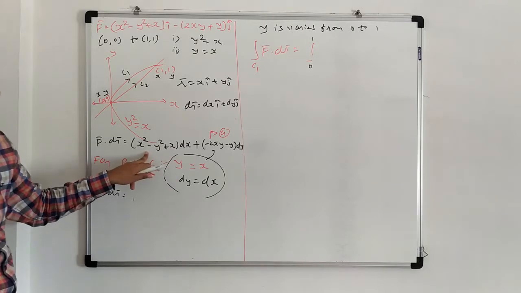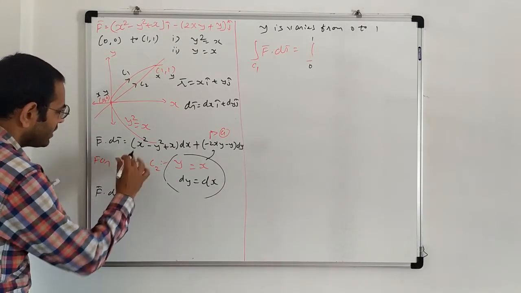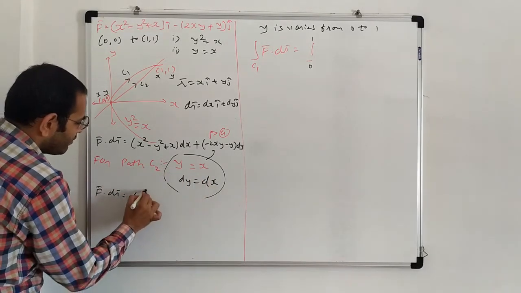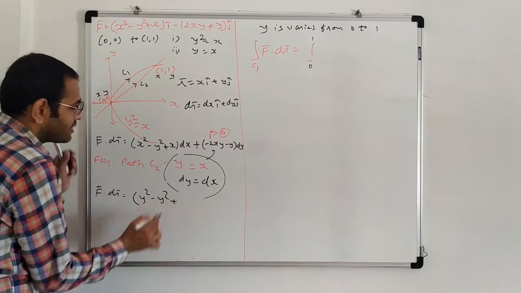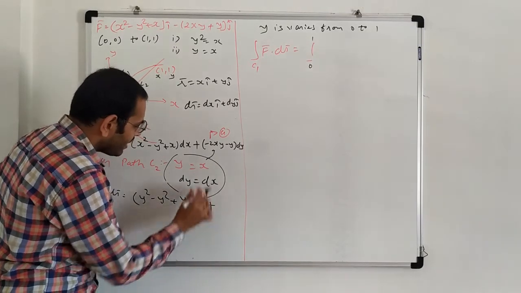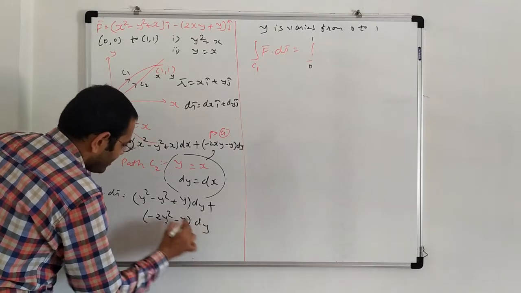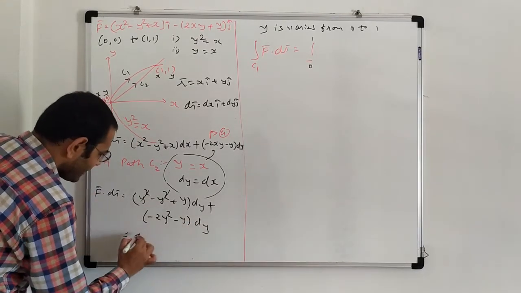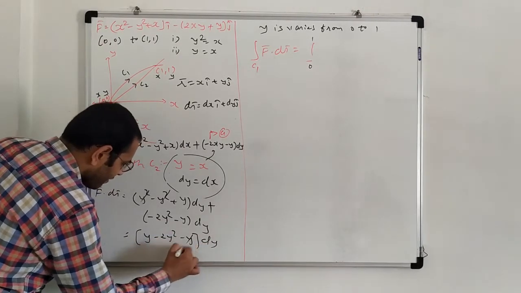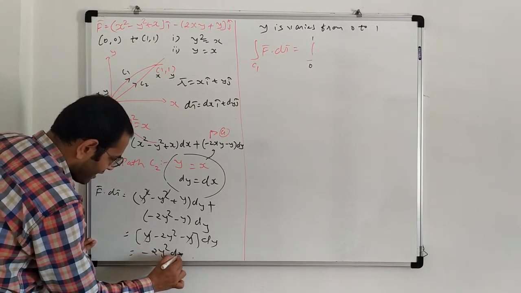Then convert this equation in terms of single variable x as well as y. Substitute x as y. Then (y square minus y square plus x) dx equal to y dy, minus (2y square plus y) dy. The y square cancels, dy is common, then y minus 2y square minus y dy, again y cancels, and we get minus 2y square dy.